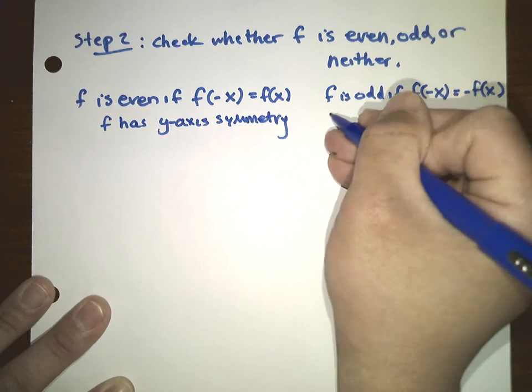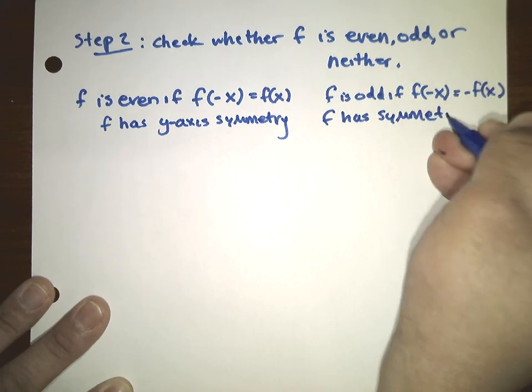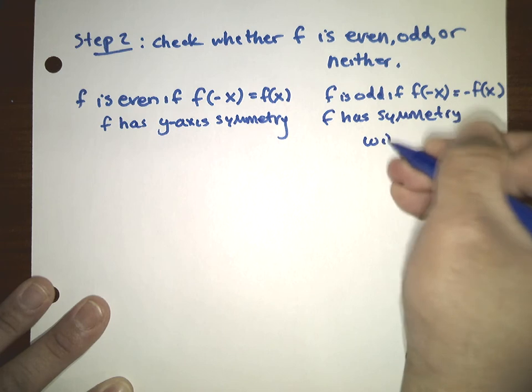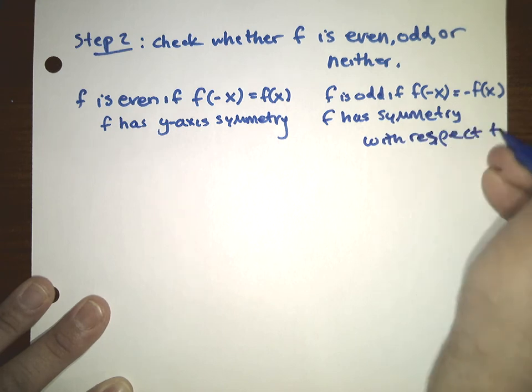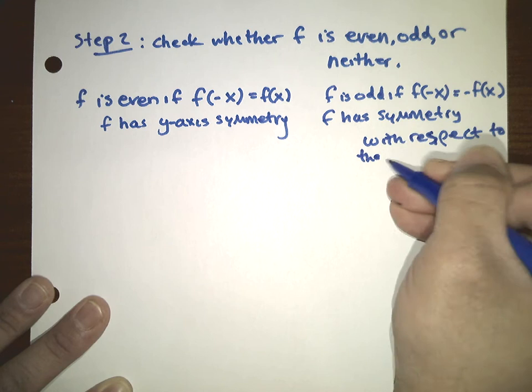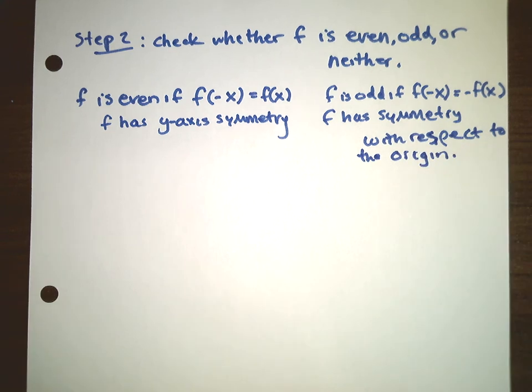So that means f has symmetry with respect to the origin. All right, so now let's go ahead and figure out whether f is even, odd, or neither.